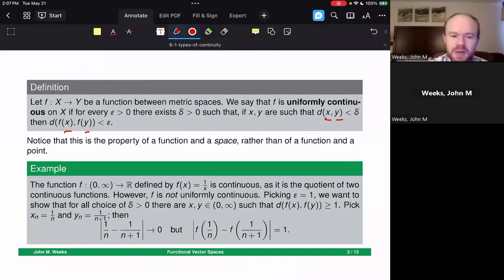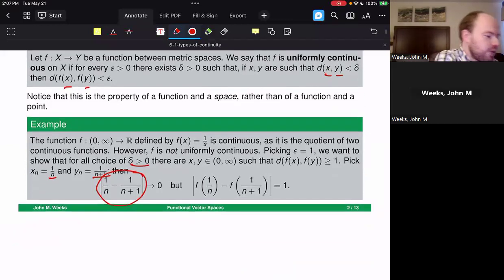The choice that I end up using is I get two values, 1 over n and 1 over n plus 1. In fact, I'm actually making sequences here to say that regardless of what delta greater than 0 that I might choose, this difference between the two x values eventually goes towards 0. So it'll eventually be less than that delta value.